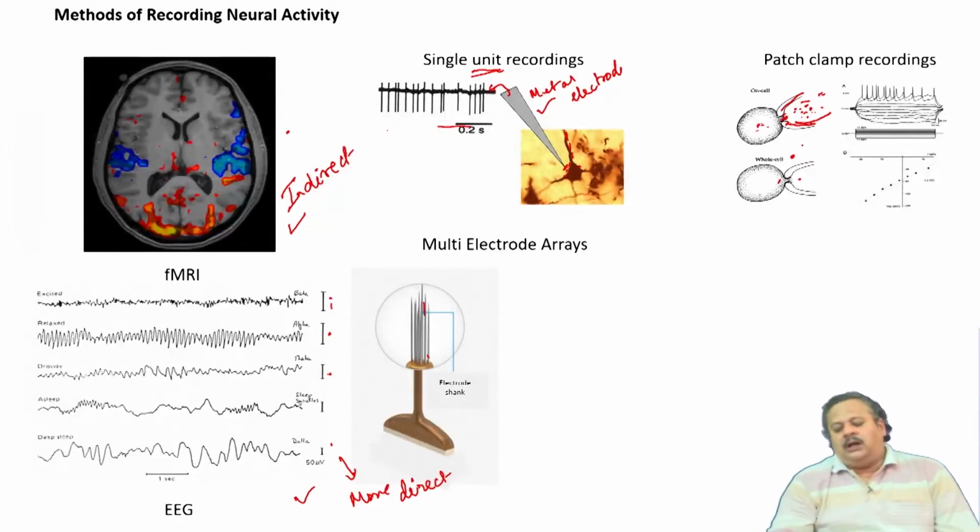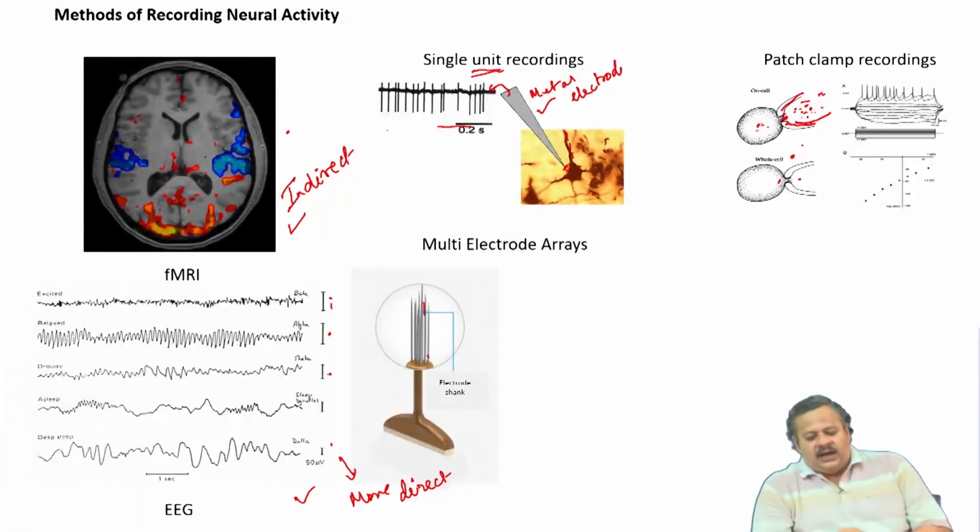With the kind of amplifier that we have, which we will talk about later, we can measure the membrane potential by having the total current across the membrane of the neuron in our control, which is a method of recording in whole cell mode called current clamp.